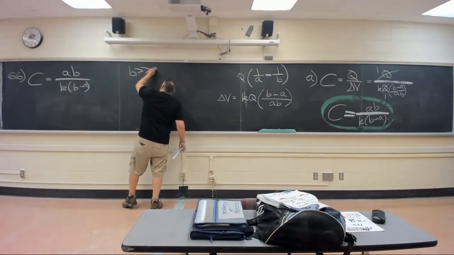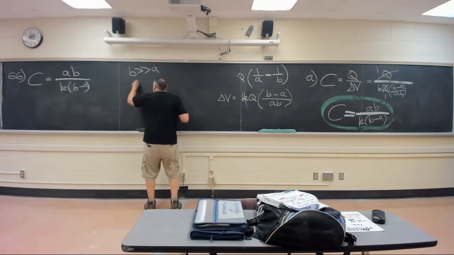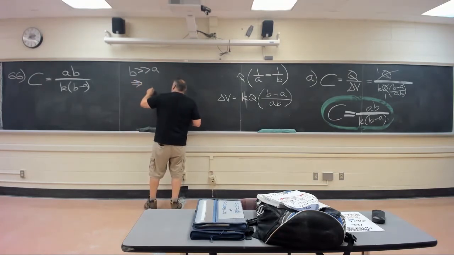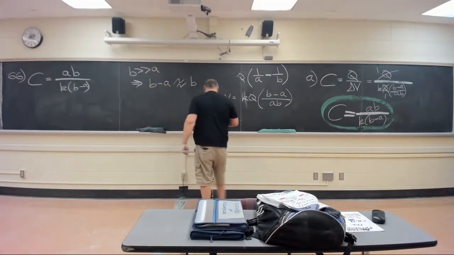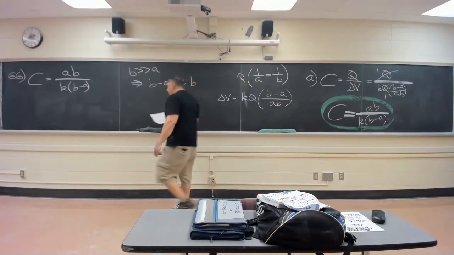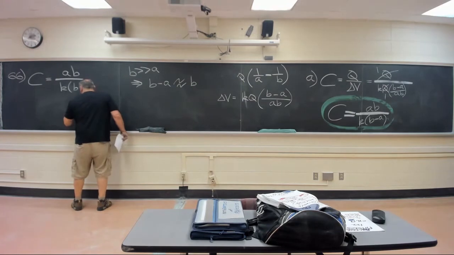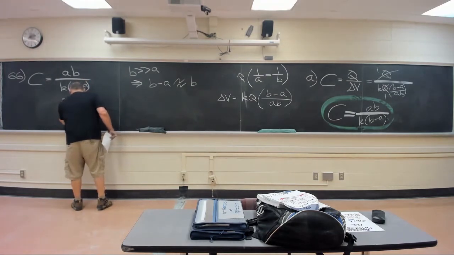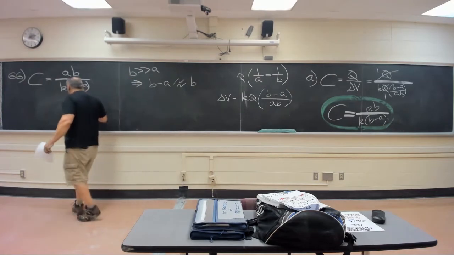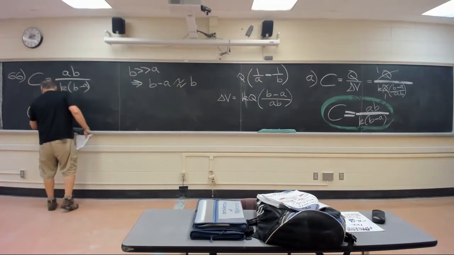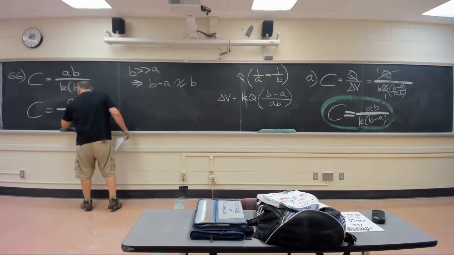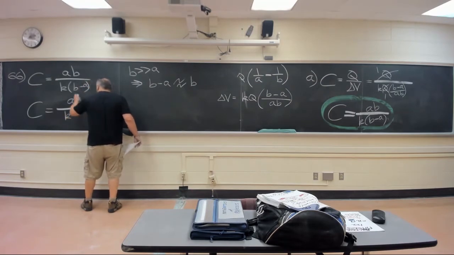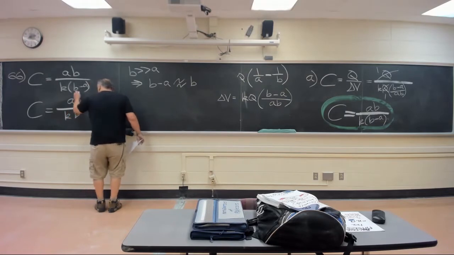If B is a lot bigger than A, B minus A is about equal to B. K is K. This is about B. B minus A is about B. The B's cancel.